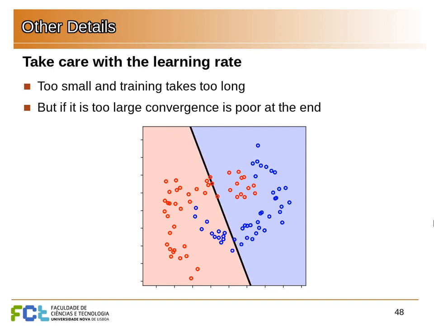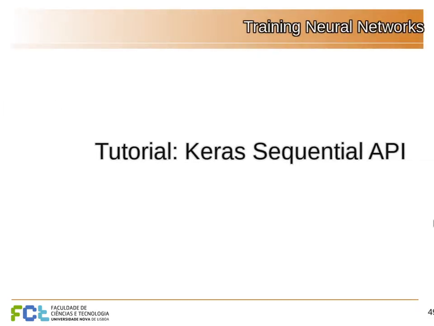We also need to take a bit care of the learning rate, because if it's too large, we have convergence problems at the end. The network does not go into a smooth place where it stops learning, but rather jumps around a lot. But if it's too slow, then things take a long time for it to learn. So you need to adjust the training rate sometimes.